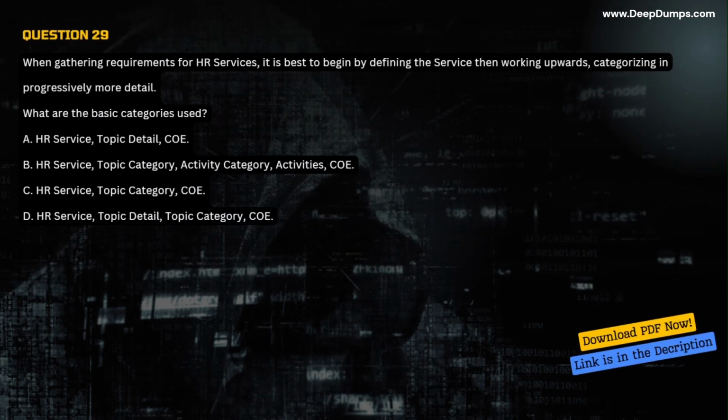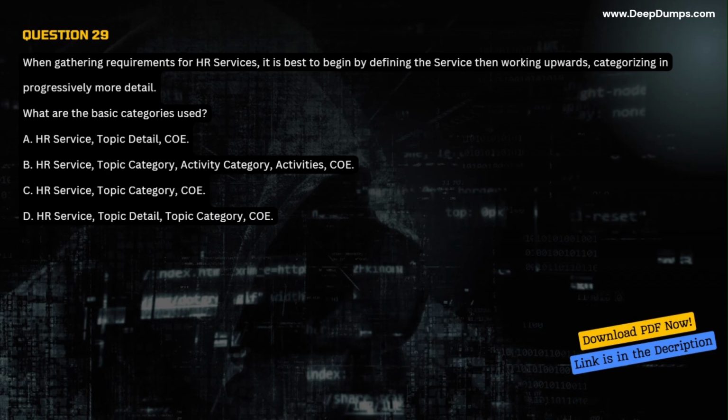Question 29. When gathering requirements for HR services, it is best to begin by defining the service, then working upwards, categorizing in progressively more detail. What are the basic categories used? A. HR service topic details COE. B. HR service topic category activities COE.